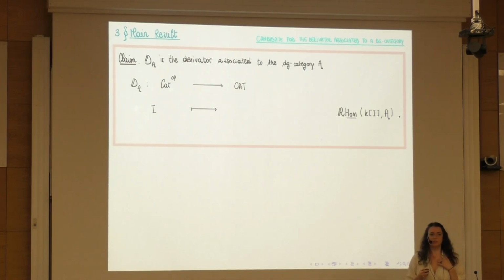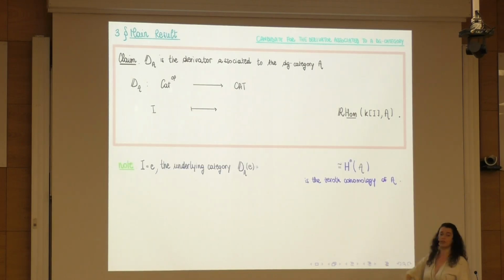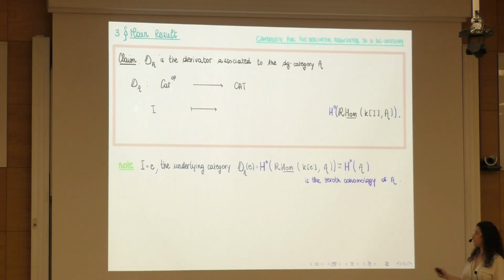So what we wanted was to enhance the derived category. So we wanted the underlying category of this derivator to be the zero homology of our DG category. But if you look at our claim, this only happens if we also take the zero homology of our quasi-functors.